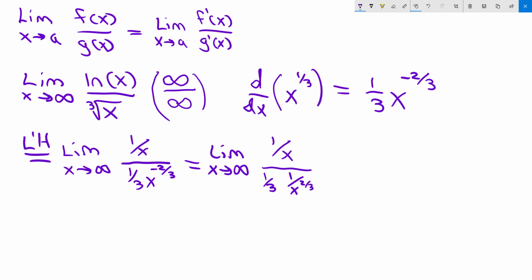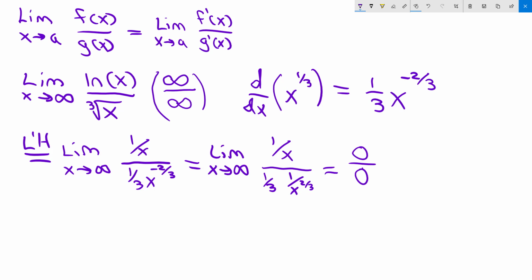Well, in this case, notice how both are getting large. I'm ignoring the 1/3 for now, but the numerator, 1 divided by a large number, goes towards 0. And the denominator, that's still 1 divided by a very large number. That's going towards 0. So we actually have a new indeterminate form.